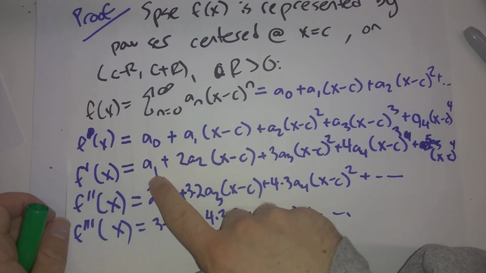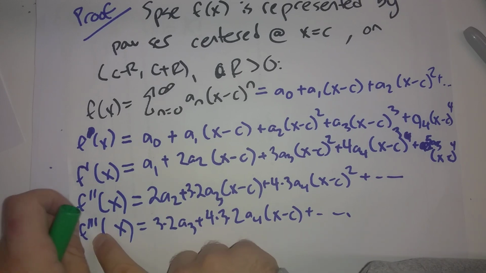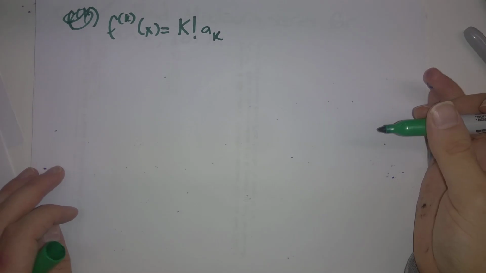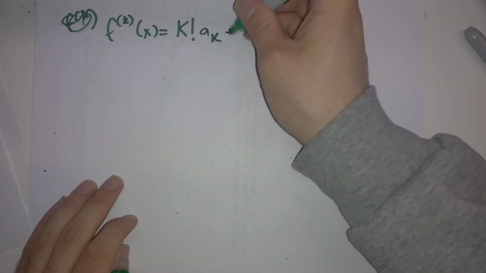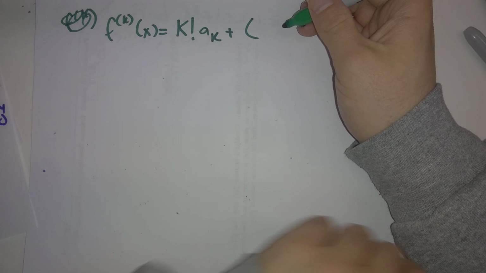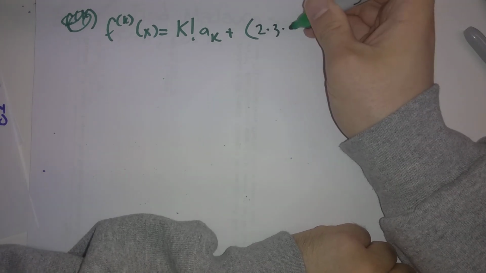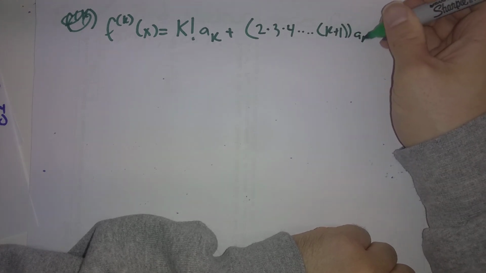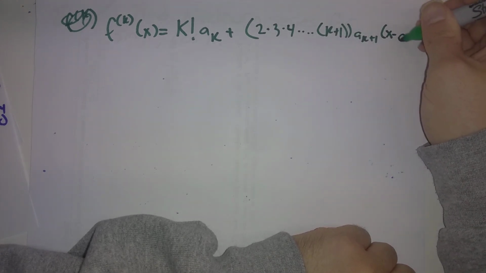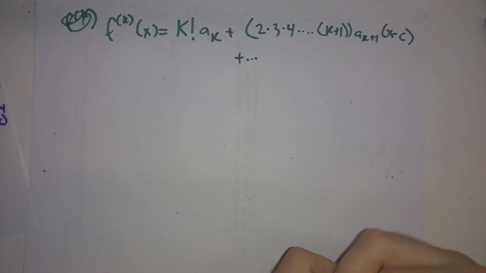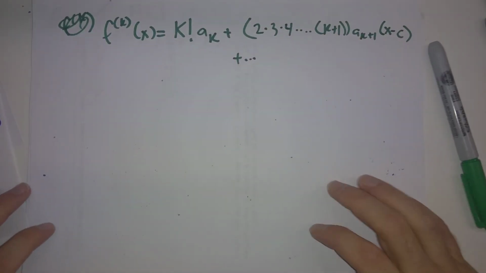The first derivative matches up with a1, the second derivative with a2, the third derivative with a3. So the kth derivative is k factorial times a sub k, plus 2 times 3 times 4 times dot dot dot times k plus 1 times a sub k plus 1 times x minus c, plus dot dot dot. There would be higher and higher powers of x minus c in each of these terms.